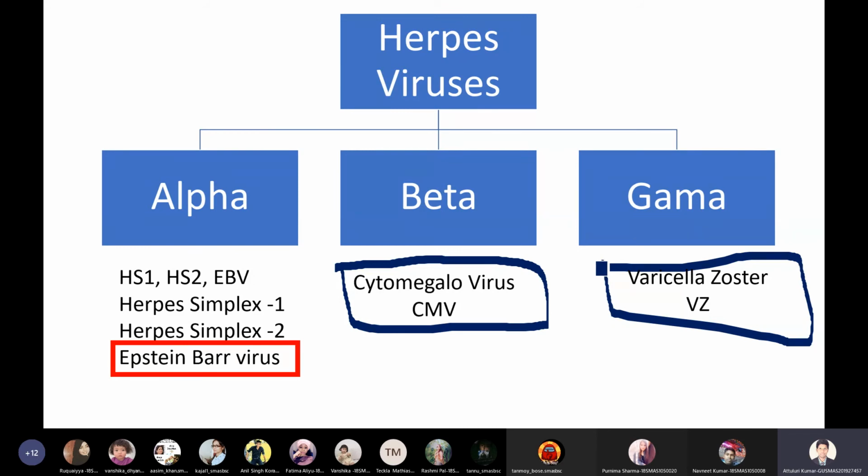The inclusion bodies in cytomegalovirus are Cowdry type B basophilic intranuclear inclusion bodies. We can also detect cytomegalic cells, which are owl's eye cells, in the blood smear of the patient. That is all about cytomegalovirus.